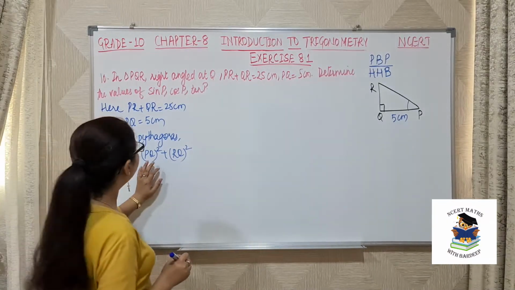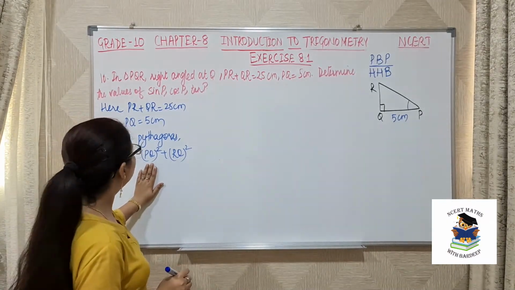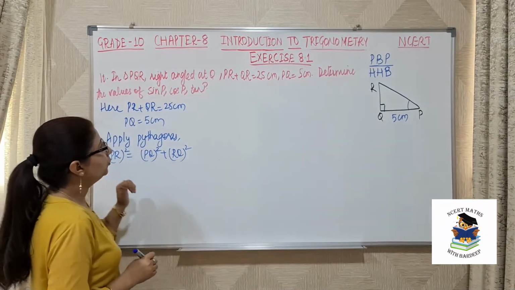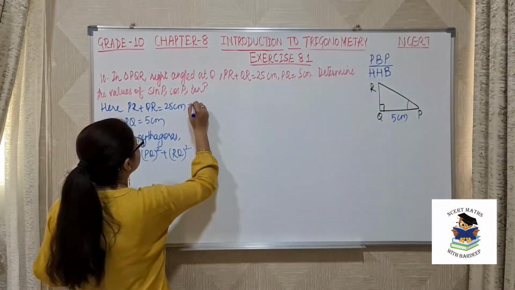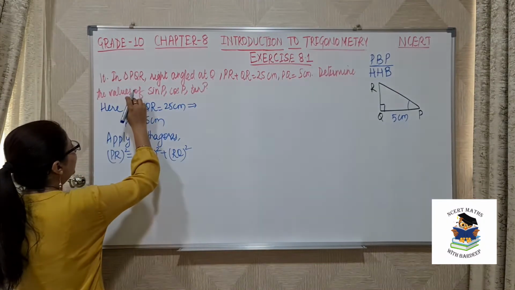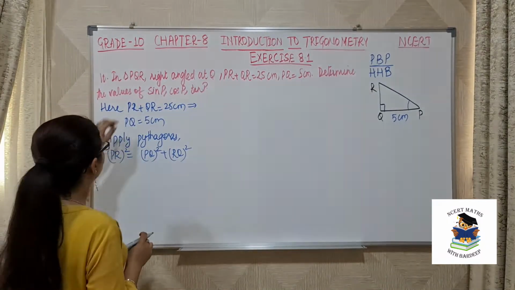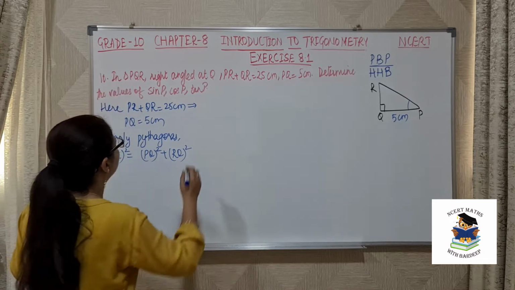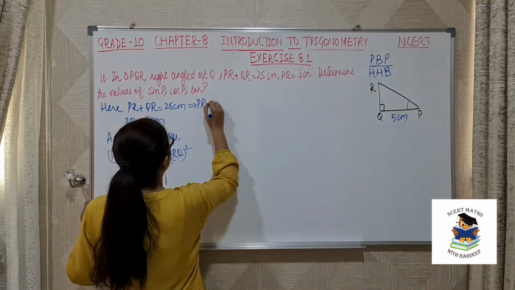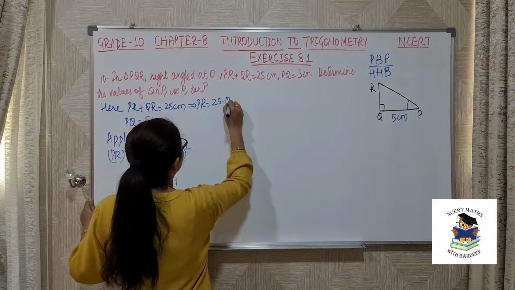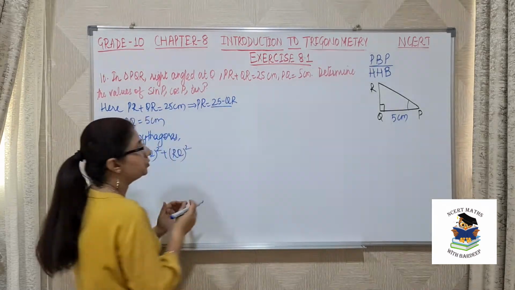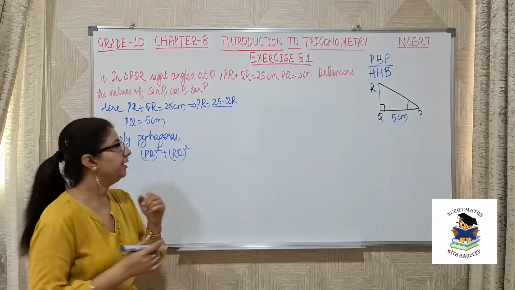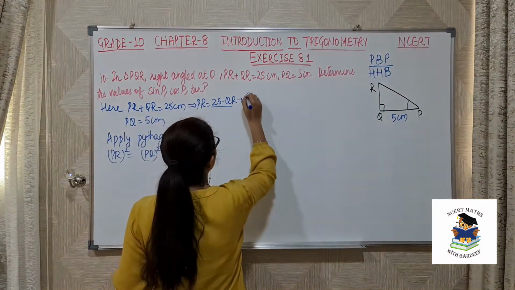Okay, so we have PQ as 5, but we don't know the value of QR and PR. So what I can do is, from this equation I can find the value of PR, that is 25 minus QR. So what is the use of this? That now our equation will be reduced to one variable. So let this be 1.